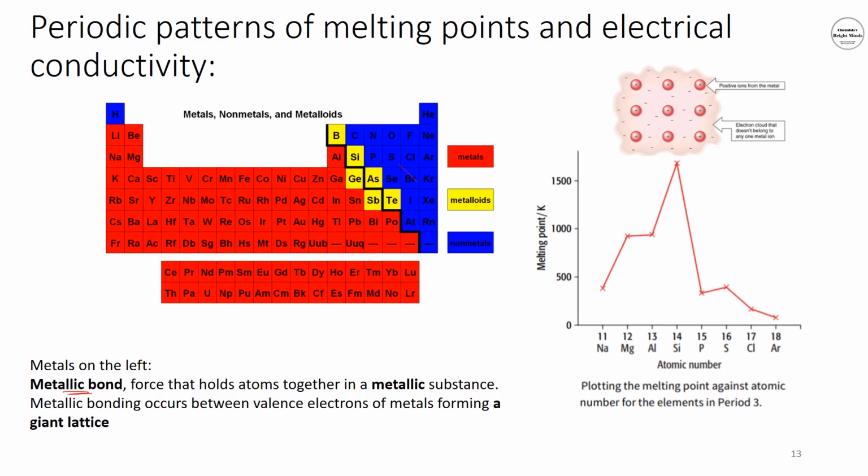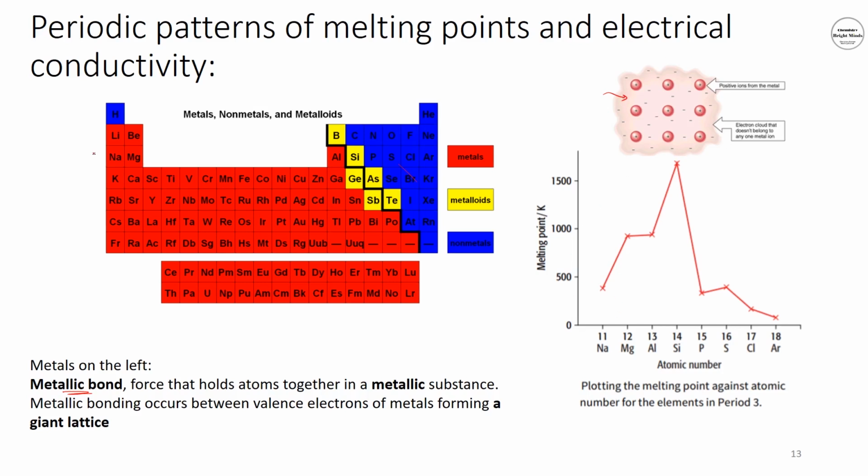Now, the metallic bond, the force that holds my atoms together, usually forms what we call a giant lattice. I have the metal ions surrounded by the valence electrons of each ion, and here you could see that if I increase the valence electrons, I expect my metallic bond to increase.